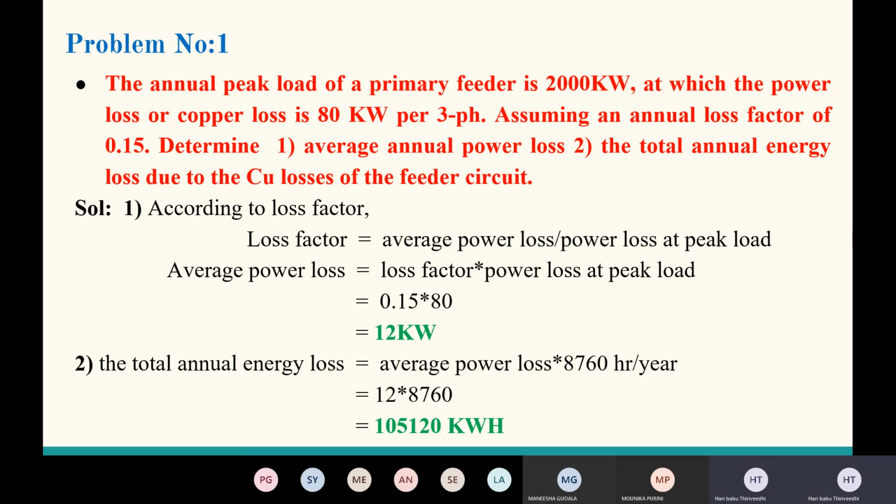Therefore, the maximum demand in kVA, S, is equal to the square root of P square plus Q square, that is the square root of 4800 square plus 2160.87 square.